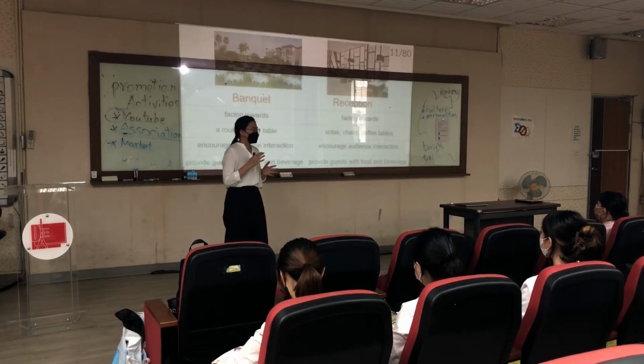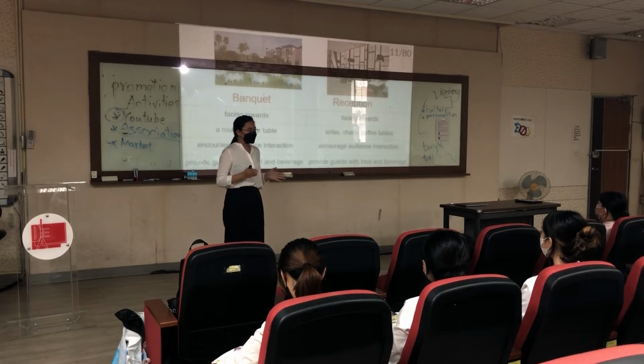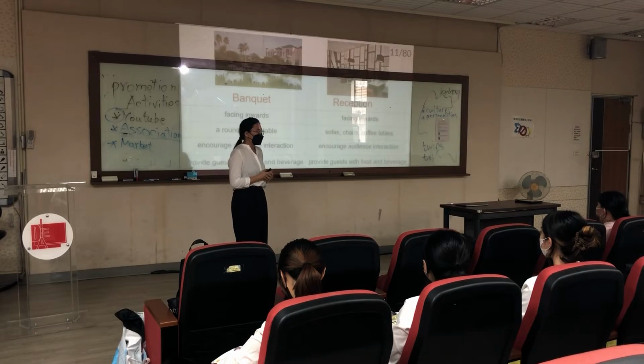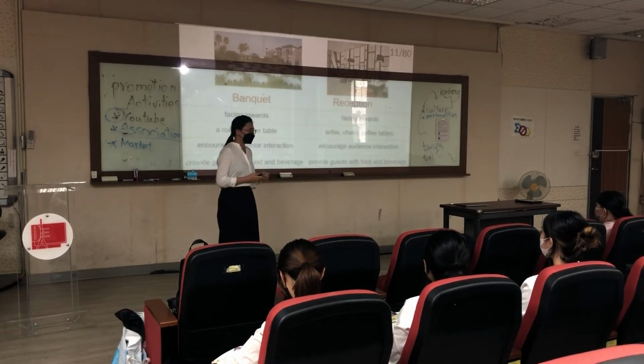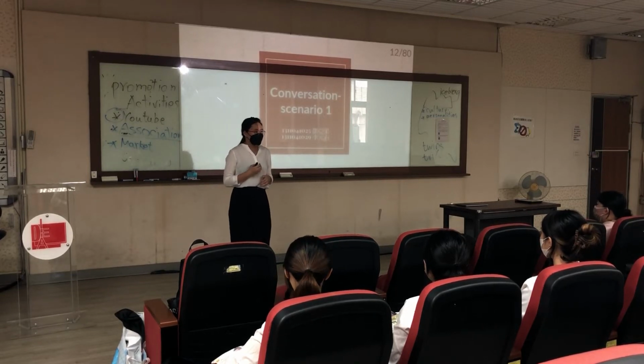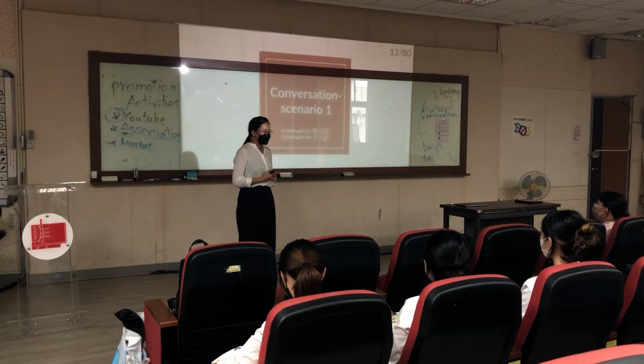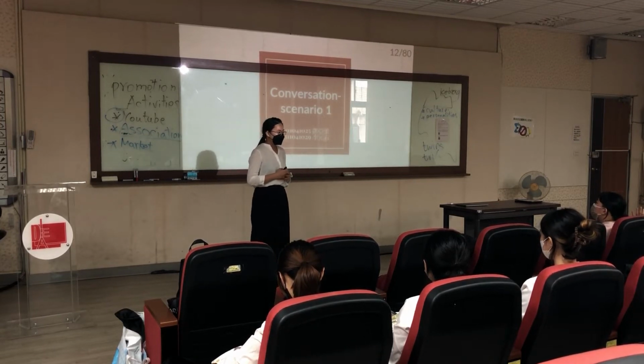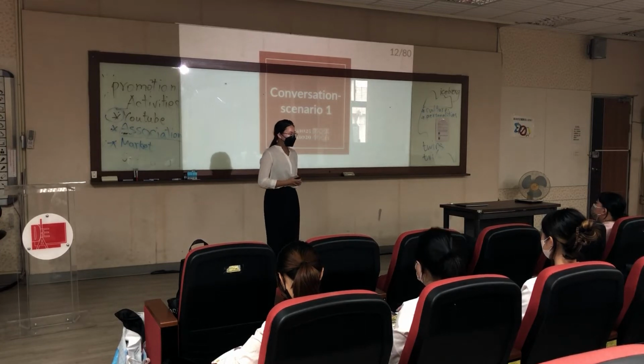But in a banquet, the seating arrangement is a round dinner table. But in a reception, there are sofas, chairs, and coffee tables. And now Yuan Yao and I are going to go through the conversation from pages 8 and 9.